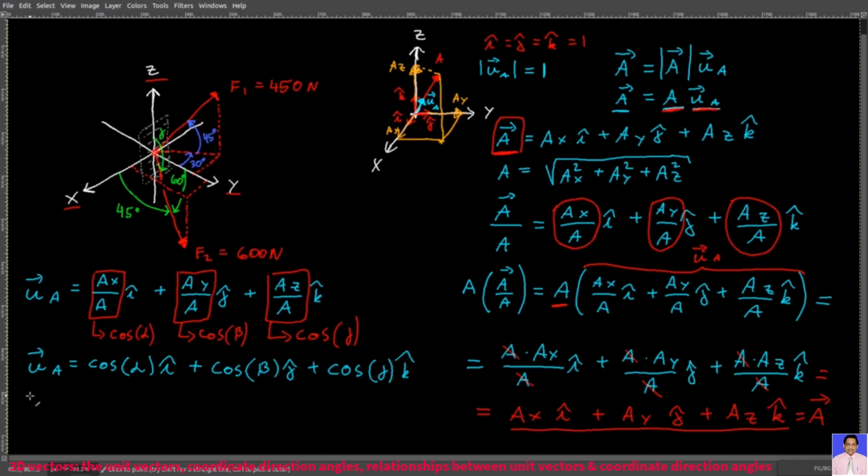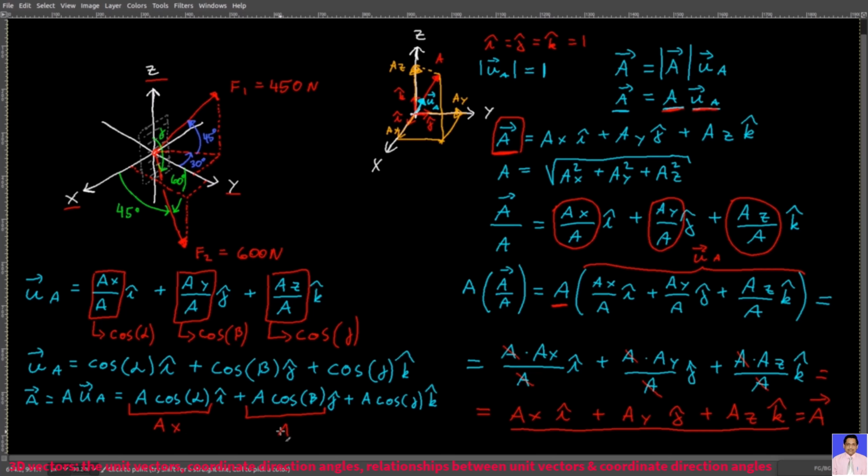That also means that A vector equals the magnitude of A vector times this unit vector: A times cosine alpha times i, then A times cosine beta times j, and then A times cosine gamma times k. And that means that this part is Ax, this part is Ay, and this part is Az.